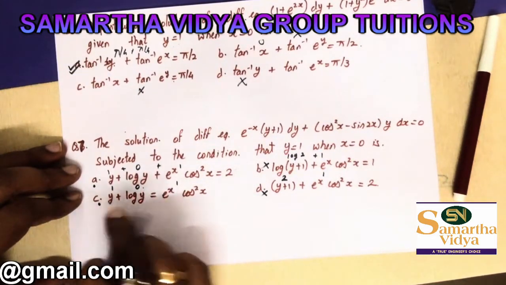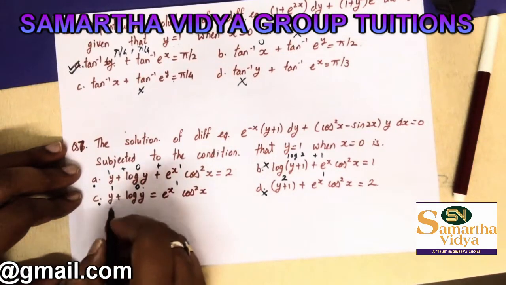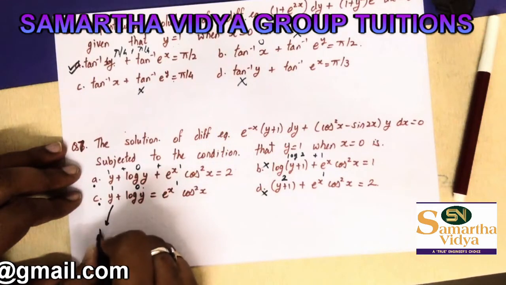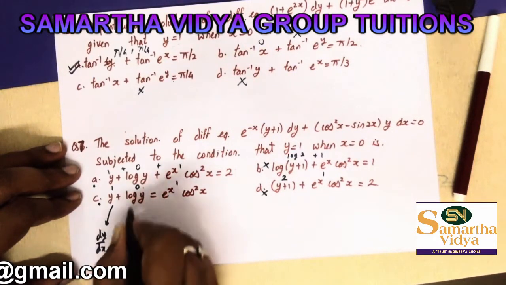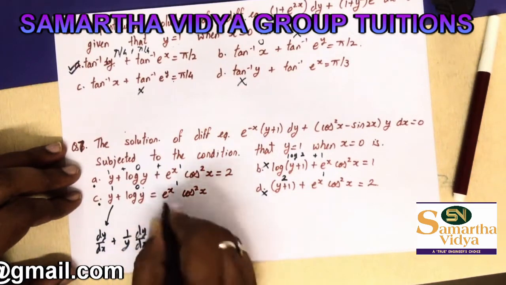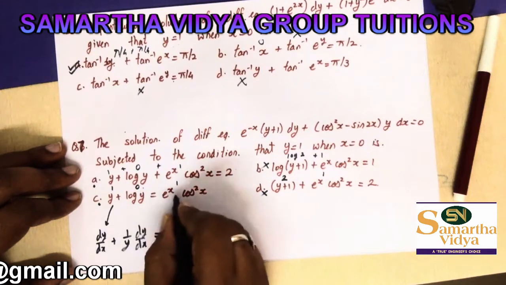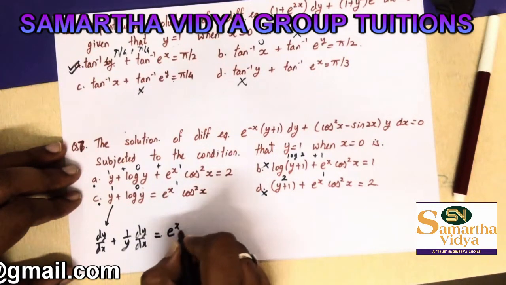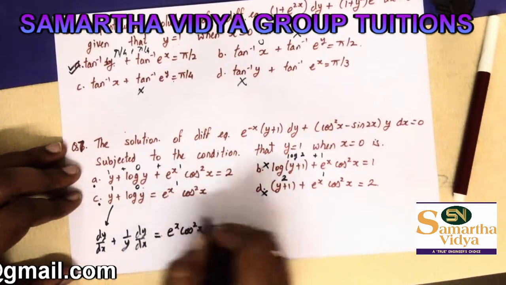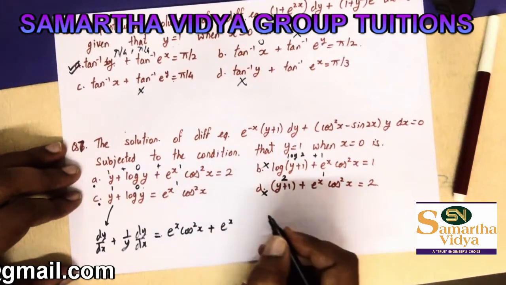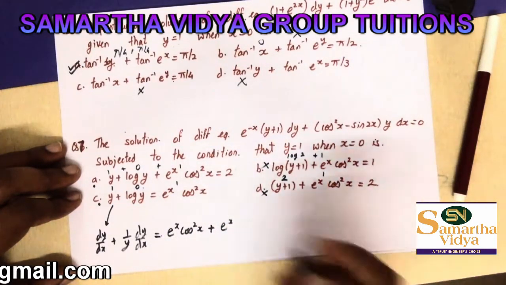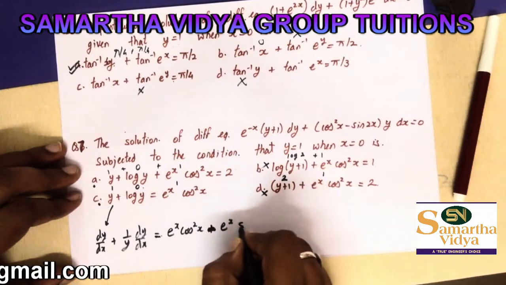Let's check for C. The derivative of y is dy by dx, plus log y gives 1 by y dy by dx, equal to, on this side, e raised to x remains as it is, plus e raised to x as it is, and cos square's derivative, which is minus 2 cos x sin x, which I can write as minus sin 2x.